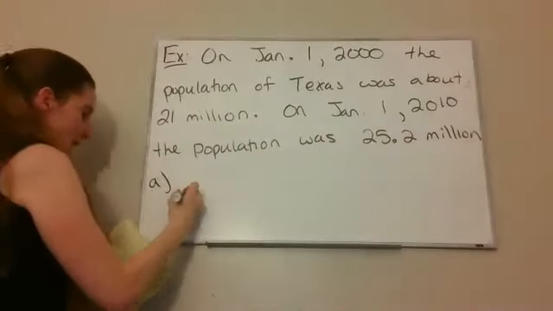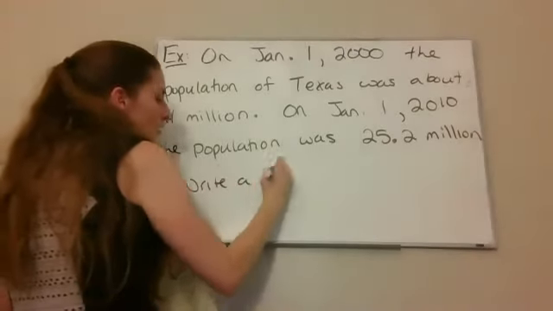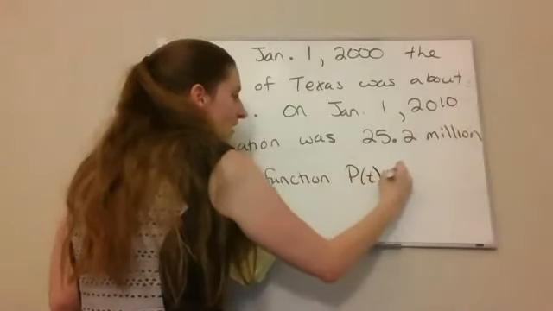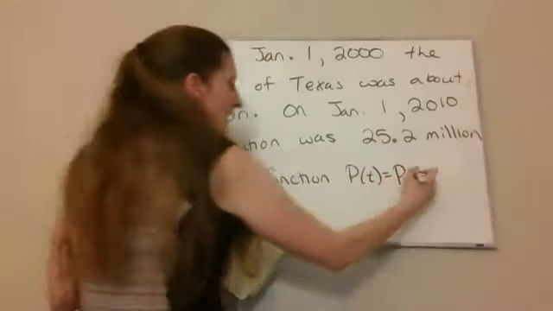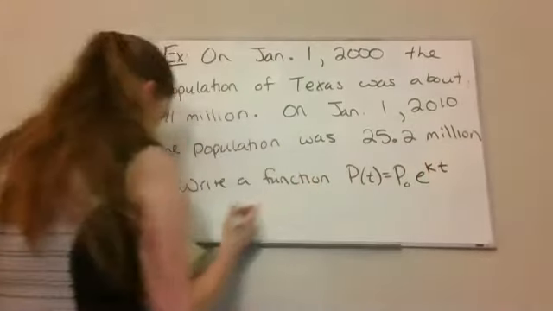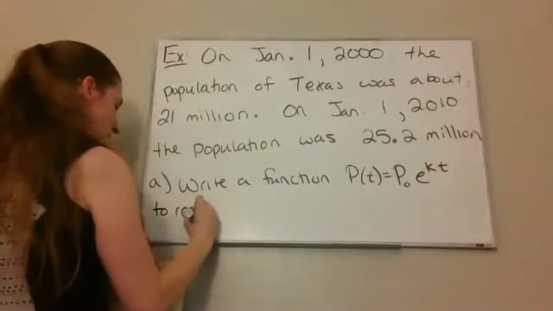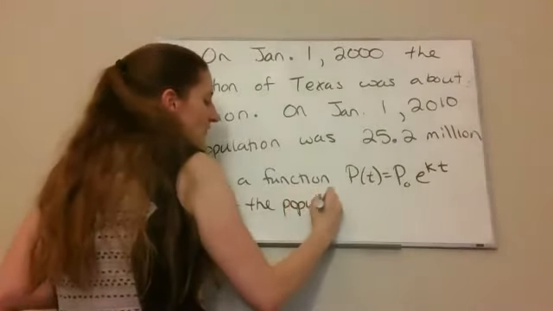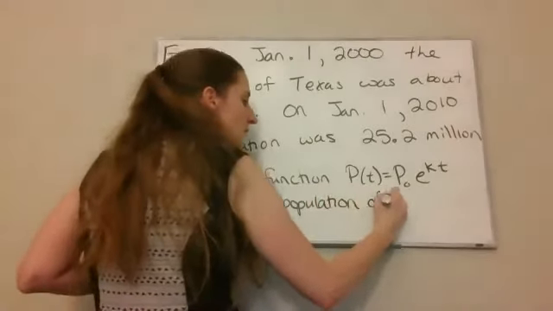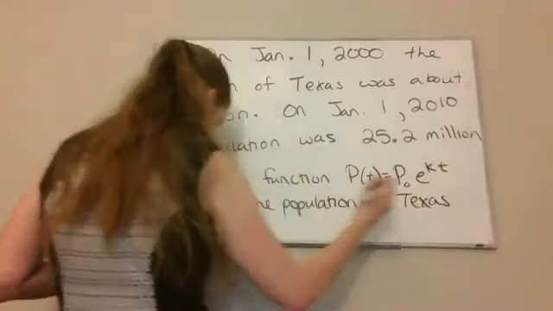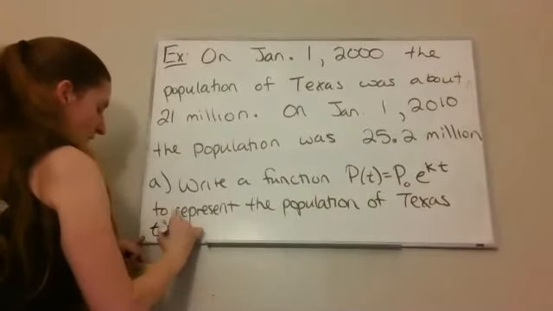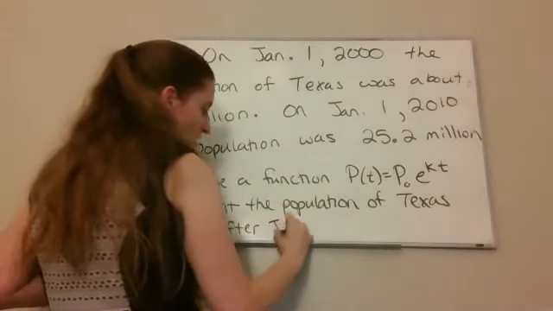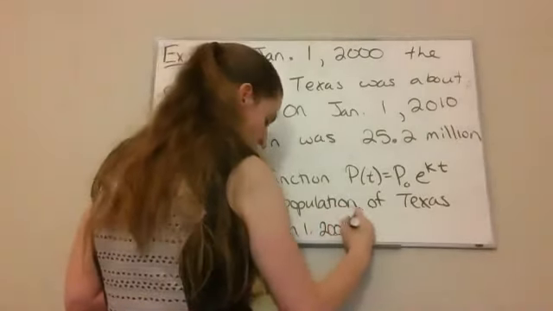Part A. Write a function that looks like P of t equals P0 e to the kt to represent the population of Texas t years after January 1st, 2000.